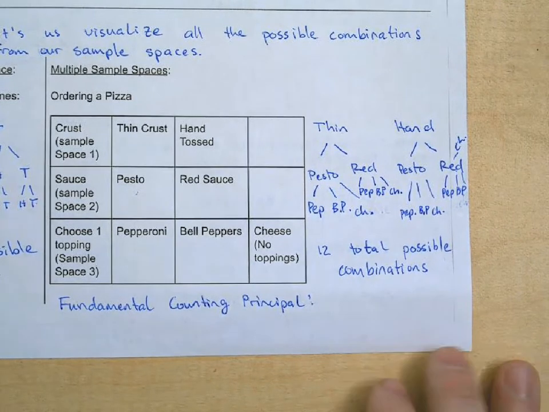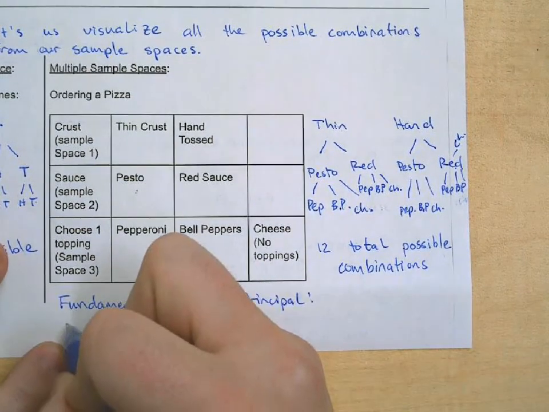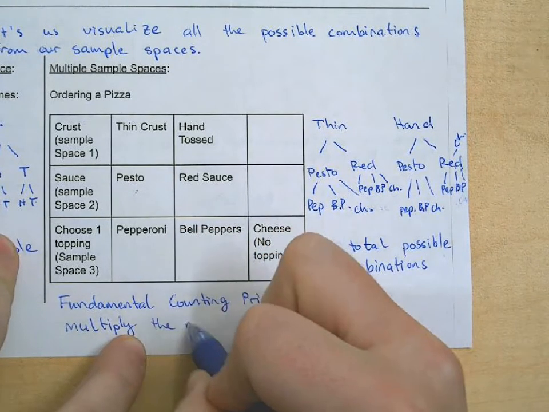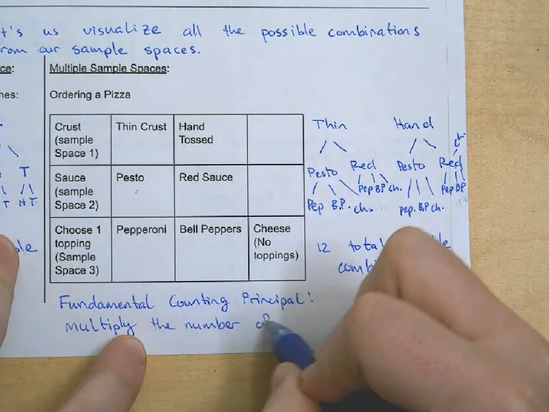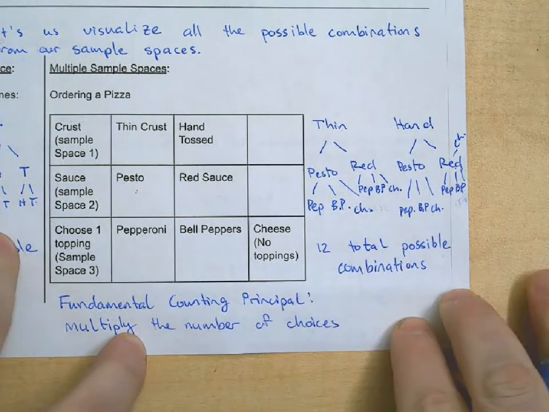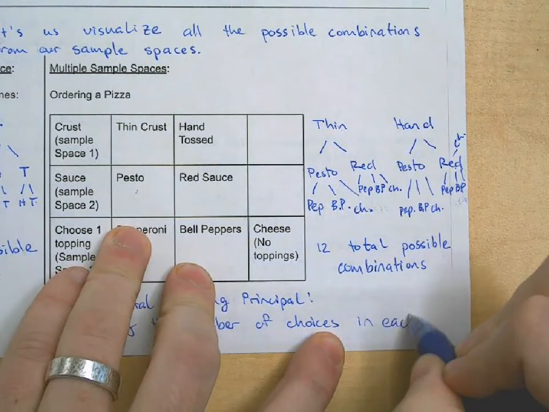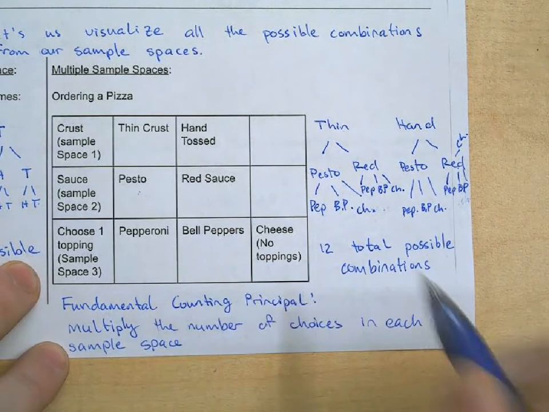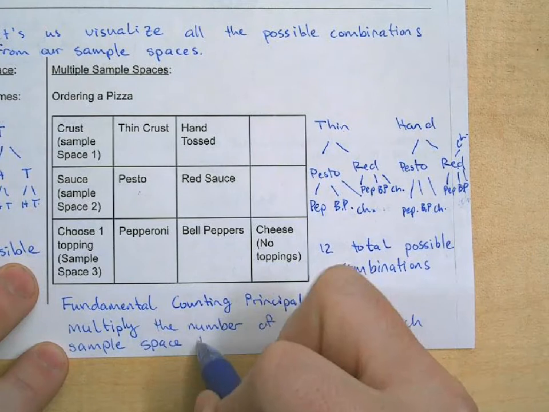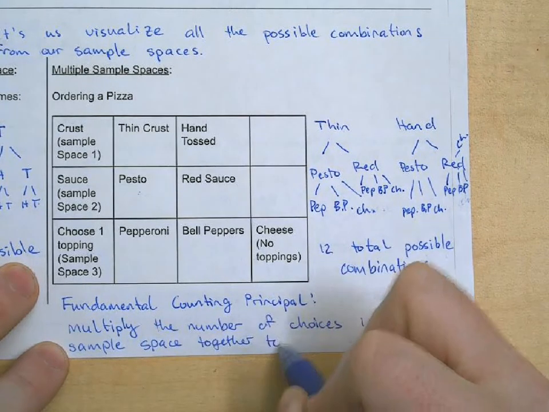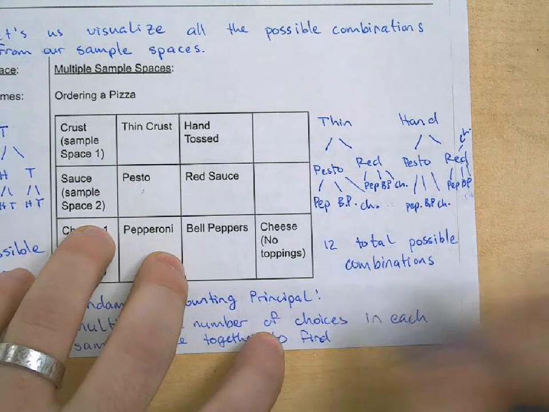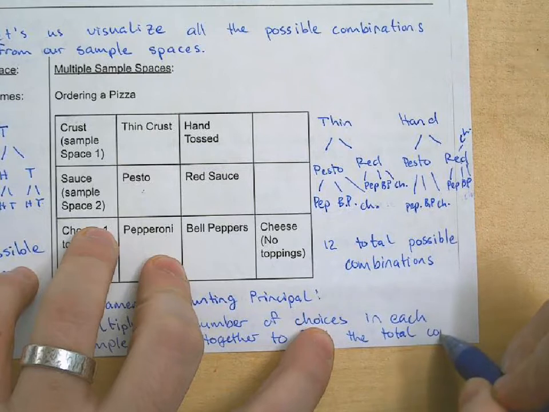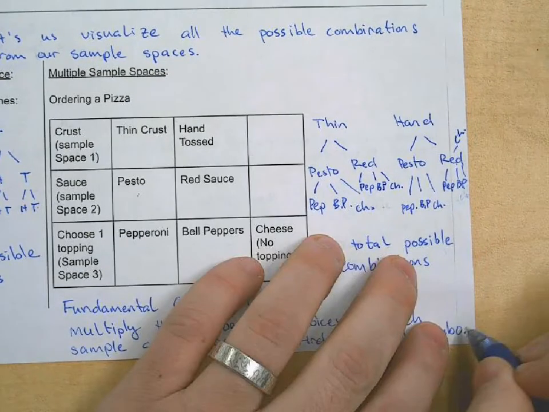How the fundamental counting principle works is: multiply the number of choices in each sample space together to find the total combinations.